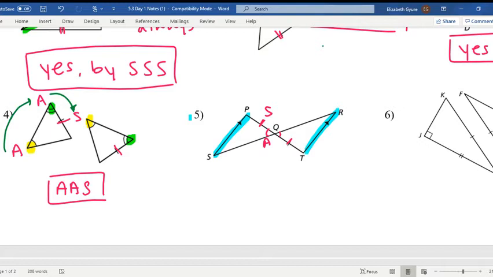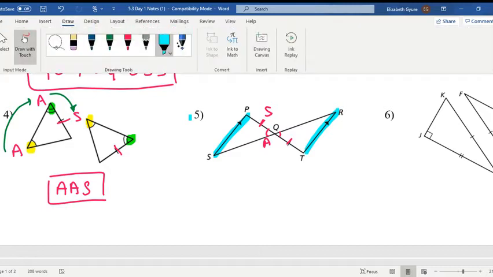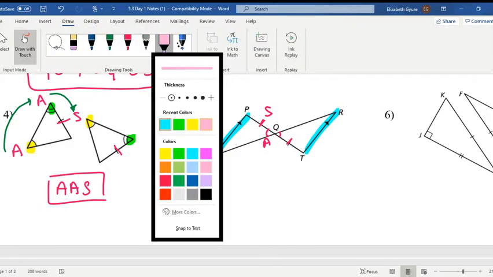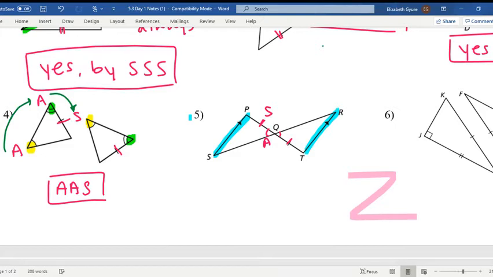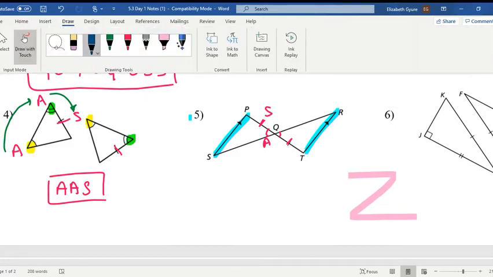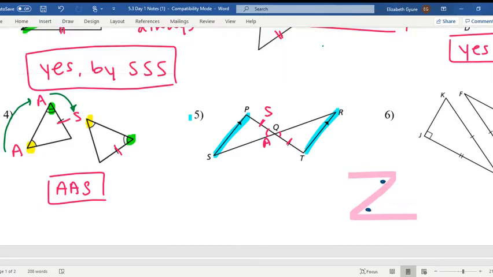When you have your bow tie shape, you're going to have vertical angles, but you also might have alternate interior angles. This isn't a relationship that happens a lot. Do you guys remember when you had your zigzag shape or your Z shape, and then it'd be those alternate interior angles that were congruent, right? Like these. Does that sound familiar at all? Okay.